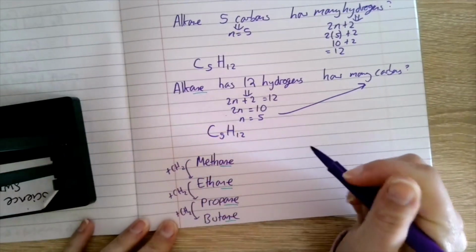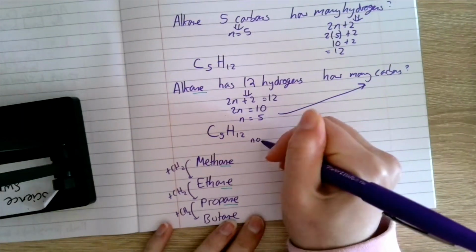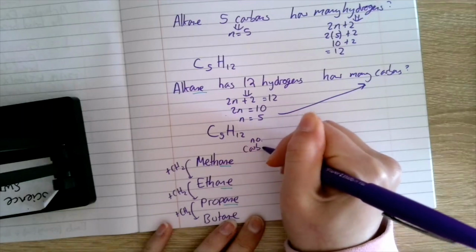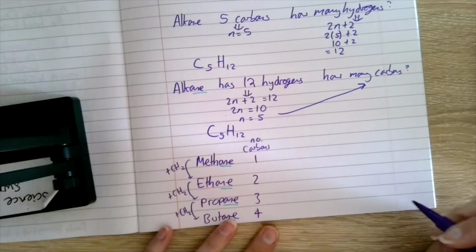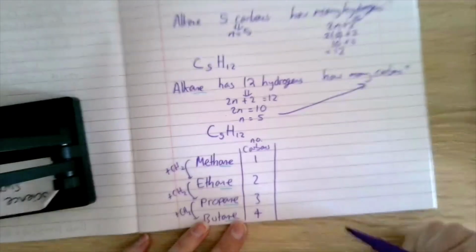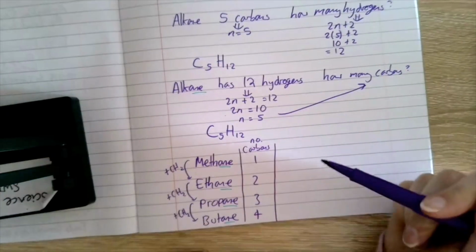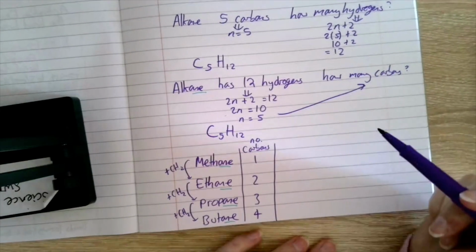So methane, we start off and this just has 1 carbon, so I'm going to do another column, number of carbons. So 1, 2, 3, 4. And we can use our general formula of CnH2n+2 to work out our formula, or you could learn it.